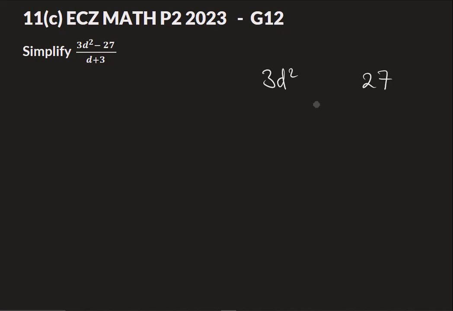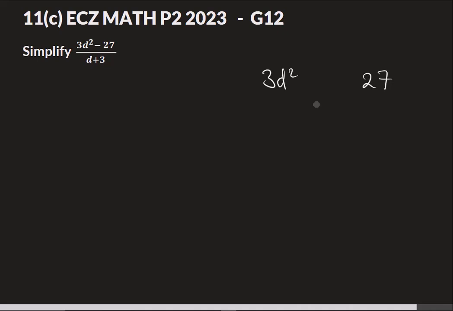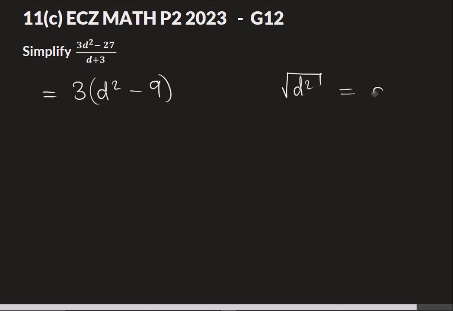Since we've done a bit of factorization at the start of the algebra series, I'm sure you know that from here we can factorize a 3, leaving us with d squared minus 9. If we expand this, we get back to 3d squared minus 27. We will now find the square root of d squared, which is d, and the square root of 9, which is 3.